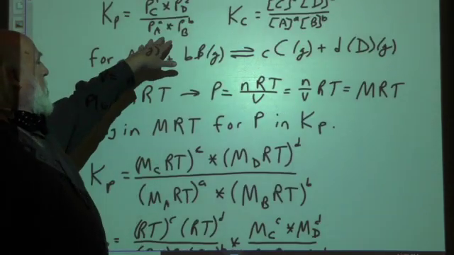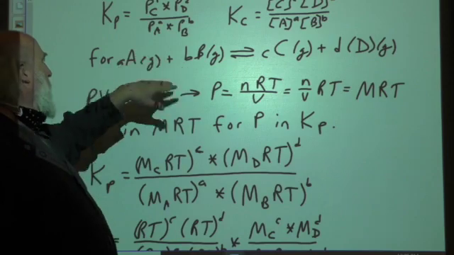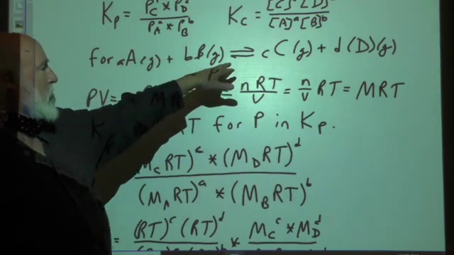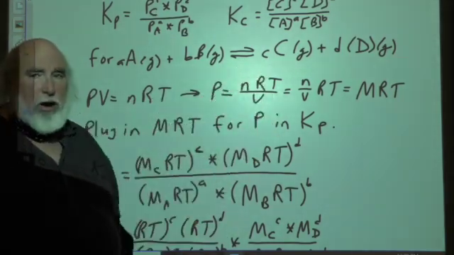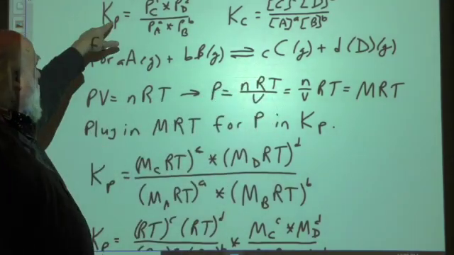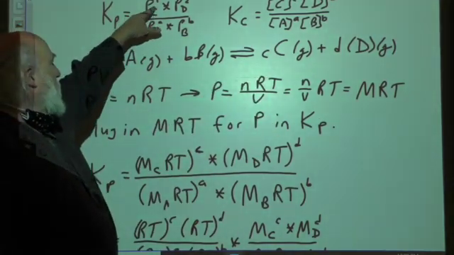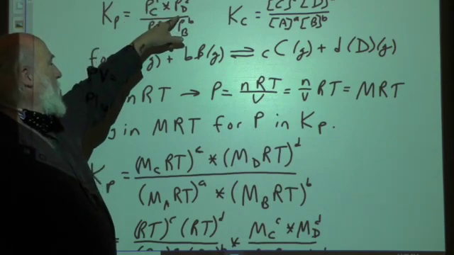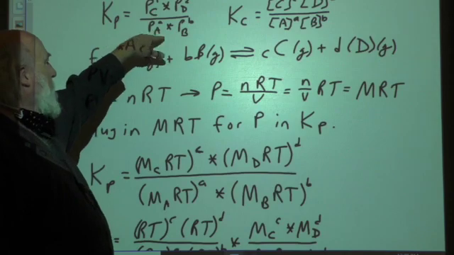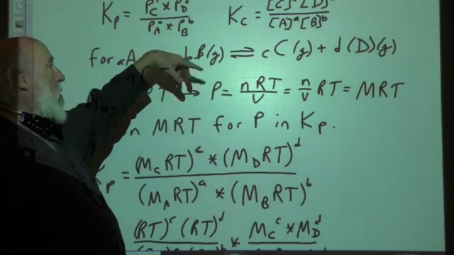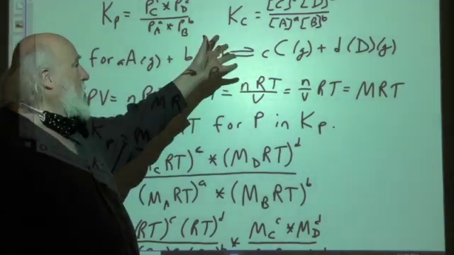We know that Kp described as if we have the equation aA plus bB equals cC plus dD, where little a, little b, little c, little d are coefficients, then the Kp is the pressure of C to the little c power times the pressure of D to the little d power over the pressure of A to the little a power times the pressure of B to the little b power. We've already established Kc.